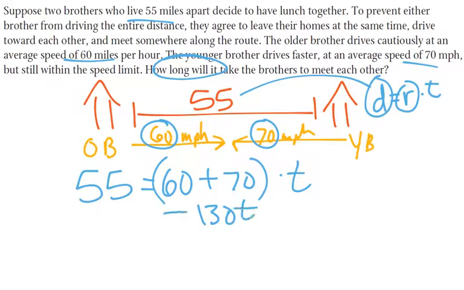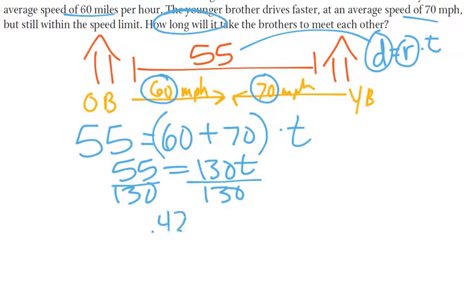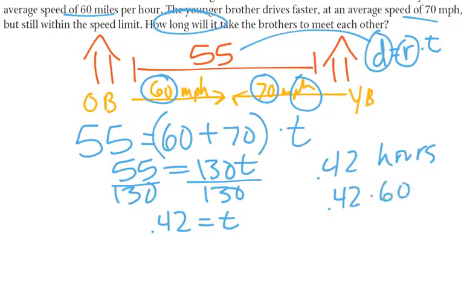So there's my equation. Then we divide, and we get about 0.42 equals t. So 0.42 what? Well, we're dealing with hours here, so 0.42 hours, which in minutes, times by 60, is 25.2 minutes. So almost a half an hour.